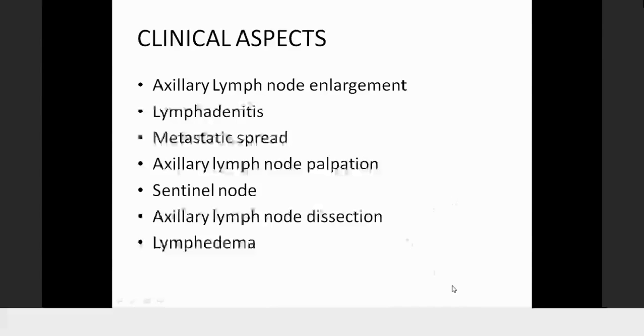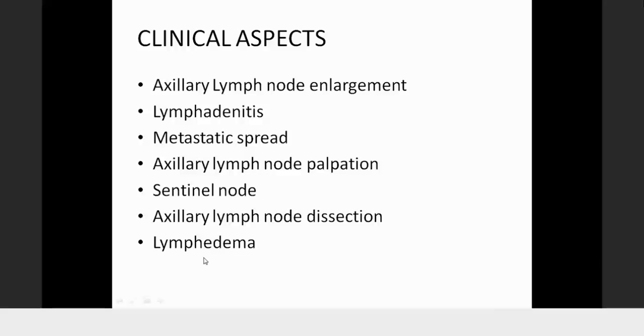So in case of breast carcinoma, if these axillary lymph nodes get involved or get filled with malignant cells, then the surgeon needs to dissect out those involved lymph nodes as a part of management of the breast carcinoma. To completely eradicate the carcinoma, these axillary lymph nodes also need to be dissected out. So this is called axillary lymph node dissection.